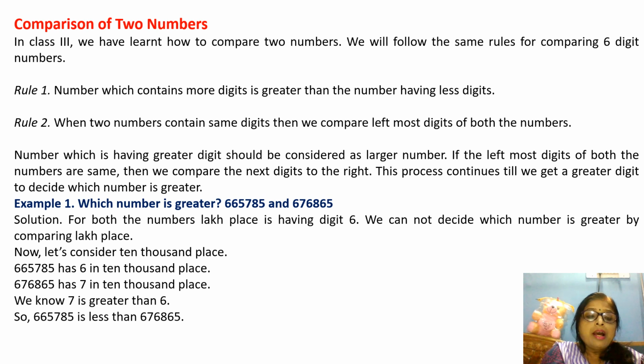In 6,65,785, 6 is at the 10,000 place, and in 6,76,865, there is 7 at the 10,000 place. So we know 7 is greater than 6. So you can say that 6,65,785 is less than 6,76,865.